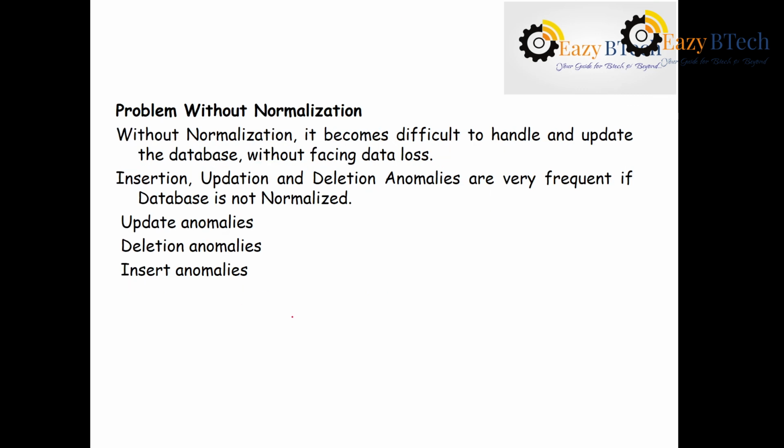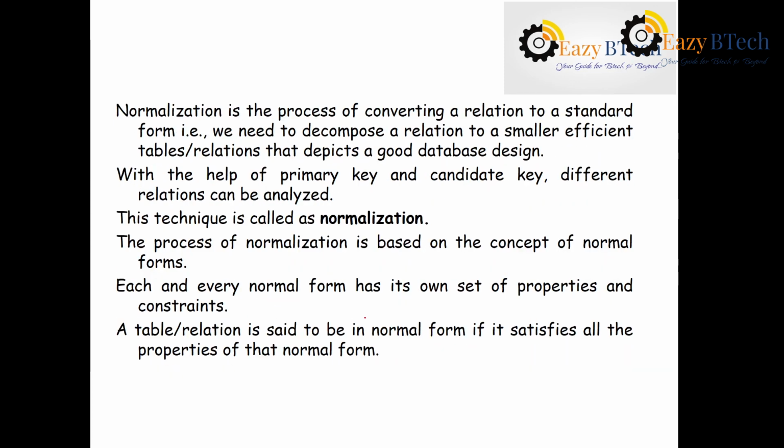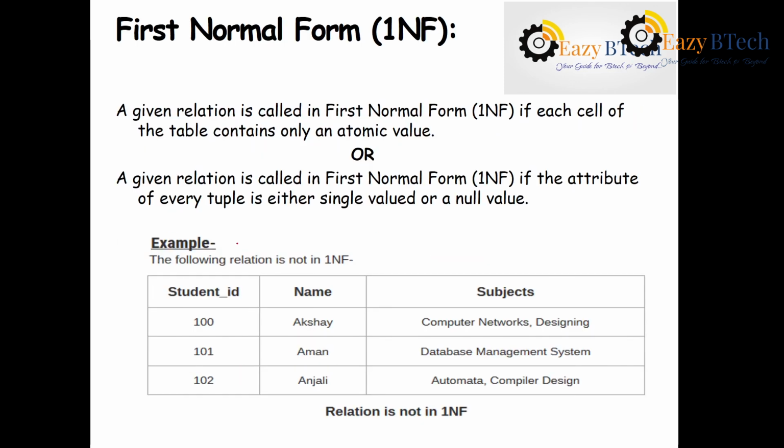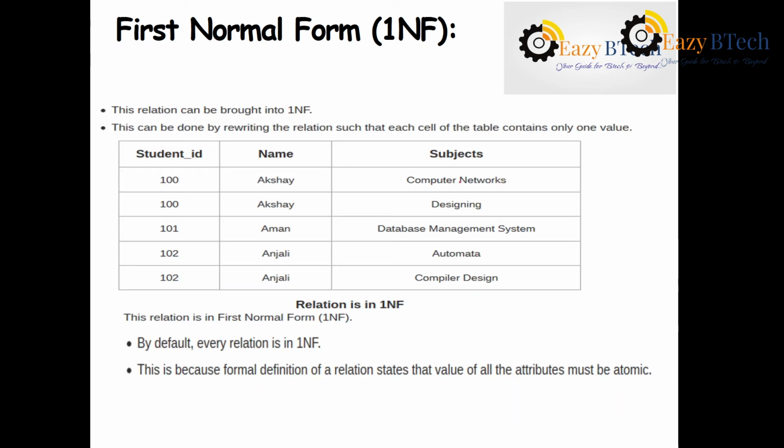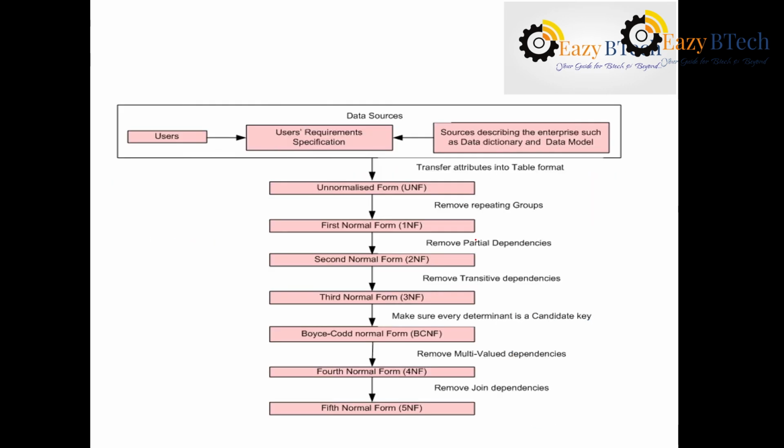For example, they give one relation, one database: is it in first normal form, second normal form, or third normal form? Based on the table we can identify it. I will explain that.